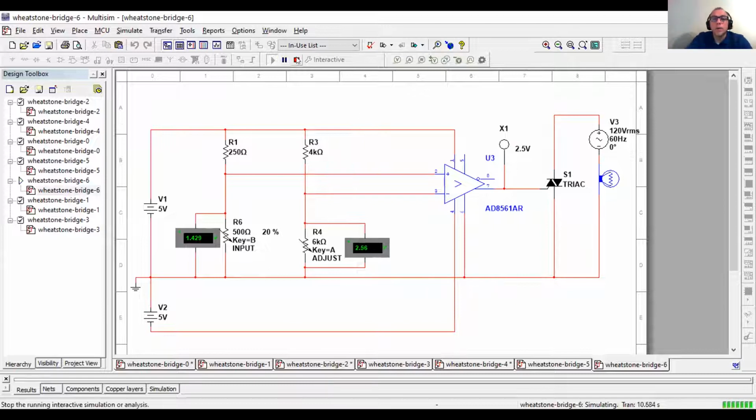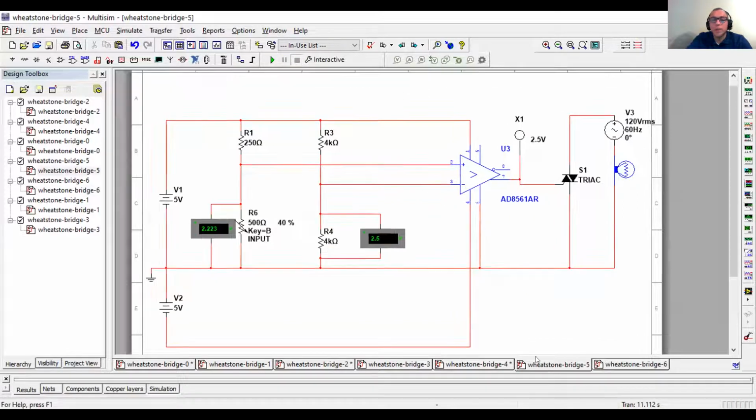Okay, so in the previous circuit, our light was going on when we were at 275 ohms. So when this was 275 ohms, 55% of 500, our light outside went on.